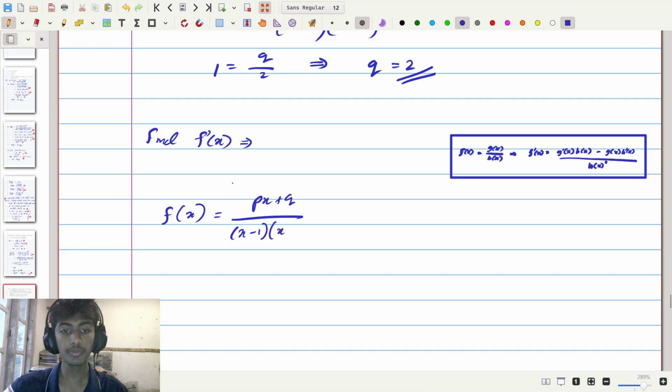Now considering this, if we take x minus 1 times x minus 2 as one function and px plus 2 as another function, we can apply the rule that we have on the right side into this function.